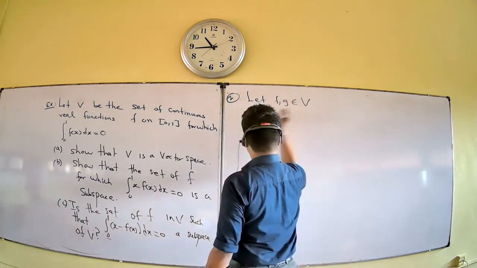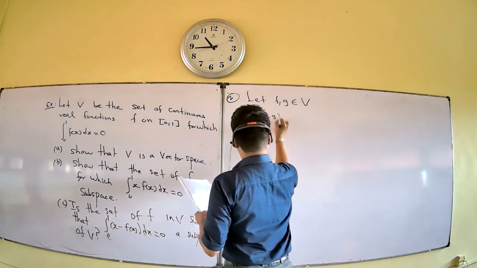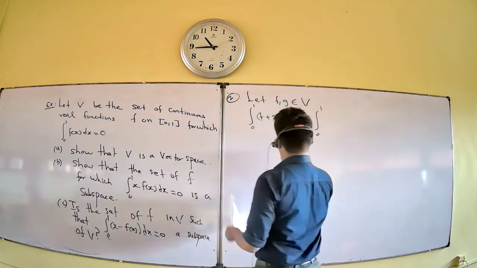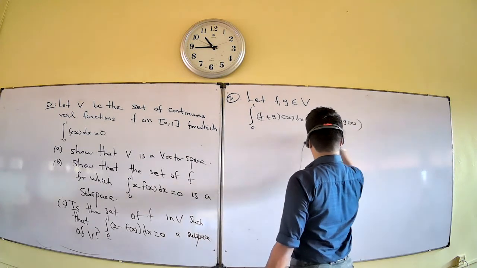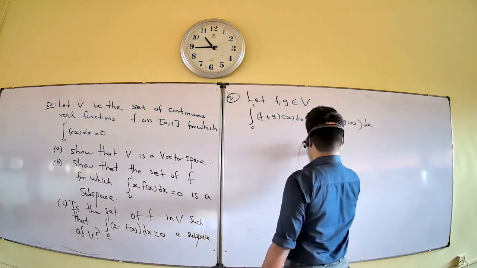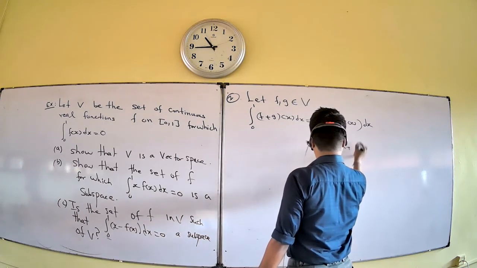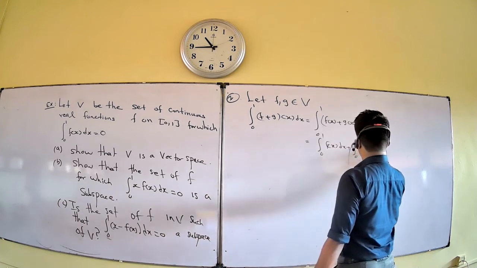f, g in B means you can say this one. So it is the integral from 0 to 1 of f(x) plus g(x) dx. So it is the integral from 0 to 1 of f(x) dx, plus the integral from 0 to 1 of g(x) dx.